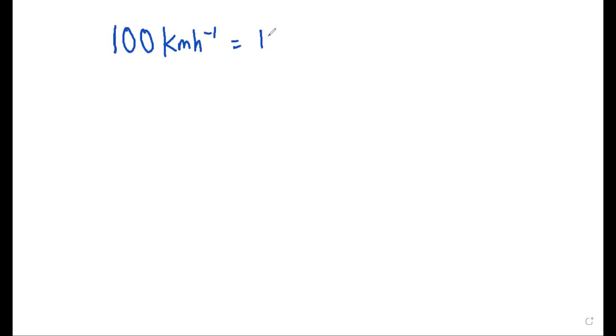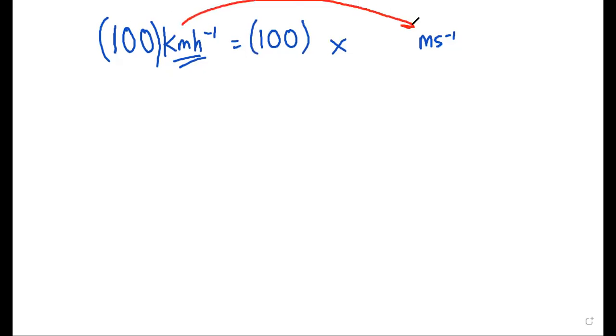If you are changing anything from kilometer per hour to meter per second, you just times the value given. Sorry, 100, right? I wrote it wrongly already. You just times the value given, 100. You're changing kilometer per hour to meter per second. You just times whatever is given with 10 over 36.